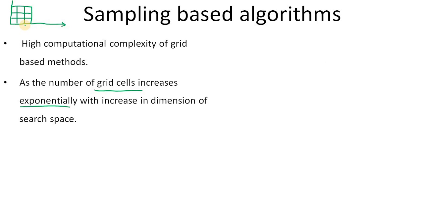You will have 9 cells in total. And if you make the grid 3-dimensional, then there will be even more cells. If you take a 2 by 2 by 2 grid, then there will be 8 cells inside the grid. So you see how the number of cells increases exponentially with increasing dimension of your search space.